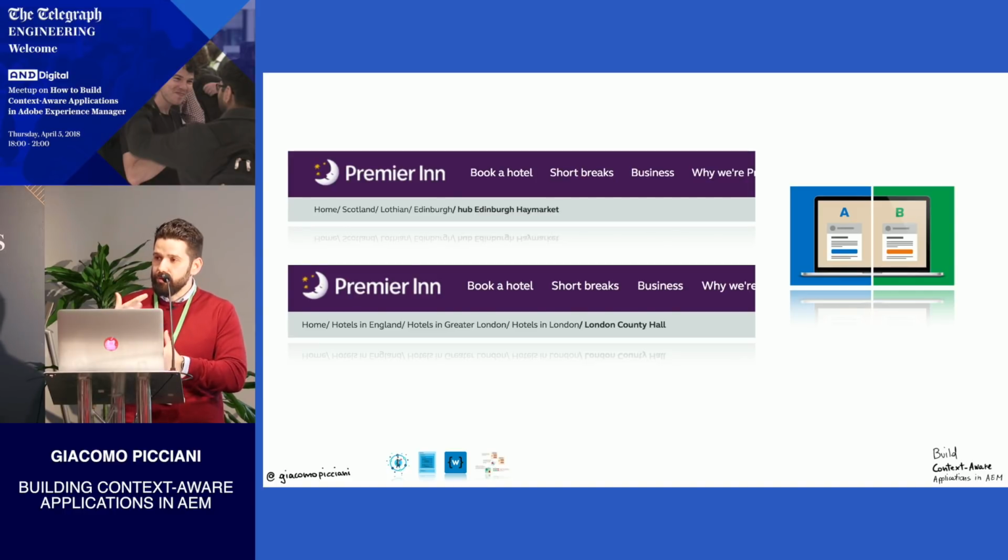According to the context, you can build your server-side component. So it's going to be on the server side: the search engine is going to crawl the page, and for a specific content path, it's going to crawl a specific version of the breadcrumb. For other paths, it crawls the other version of the breadcrumb. In that case, you can define which one is the winner according to your SEO measurement. So this is another example.